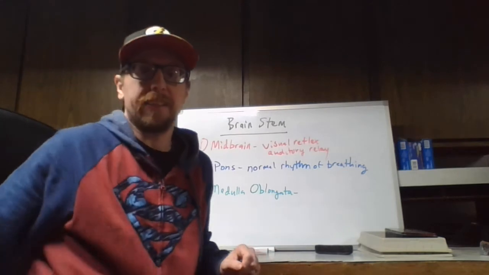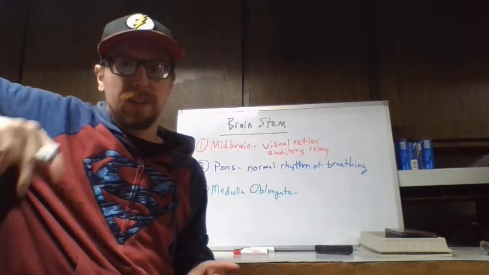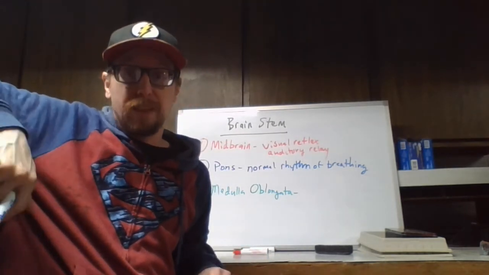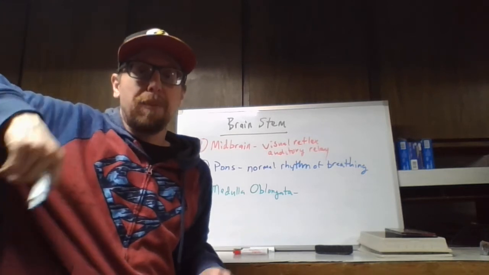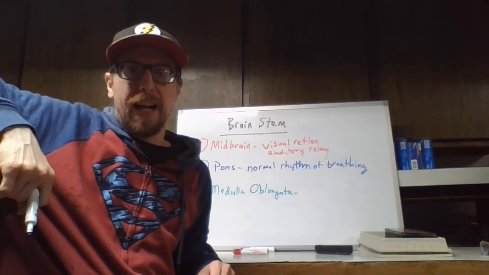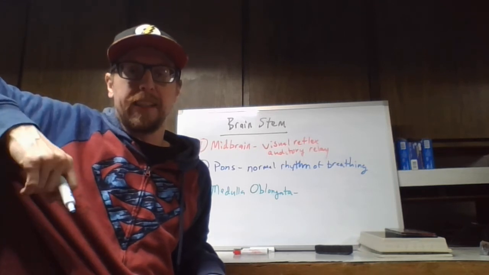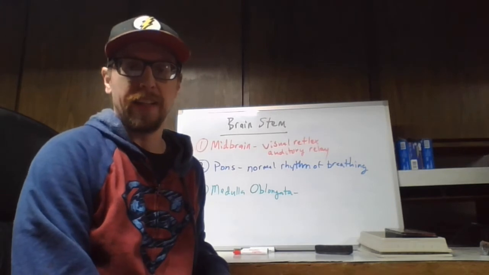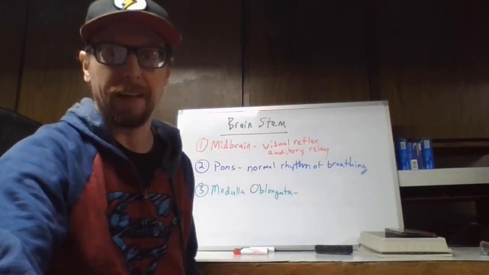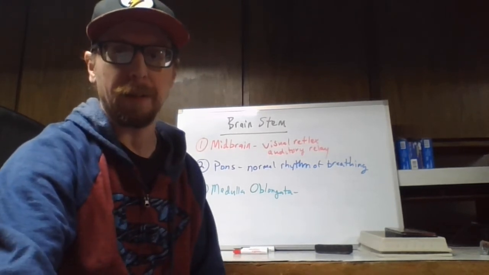Yes, you do have voluntary control over it, but when you forget to breathe, if you're busy thinking about something else, it's the pons that makes sure you take a breath every 5 seconds, a total of about 12 breaths a minute. So it maintains that rhythm. That's the main thing I want you to remember about the pons.